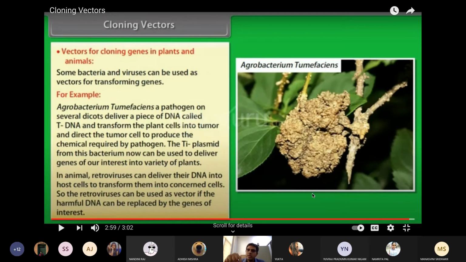What property we need in the vector, we keep on inserting it and removing it. For the insertion and the removal, we use DNA manipulation enzymes: your ligases, your restriction endonucleases, and other modification enzymes.